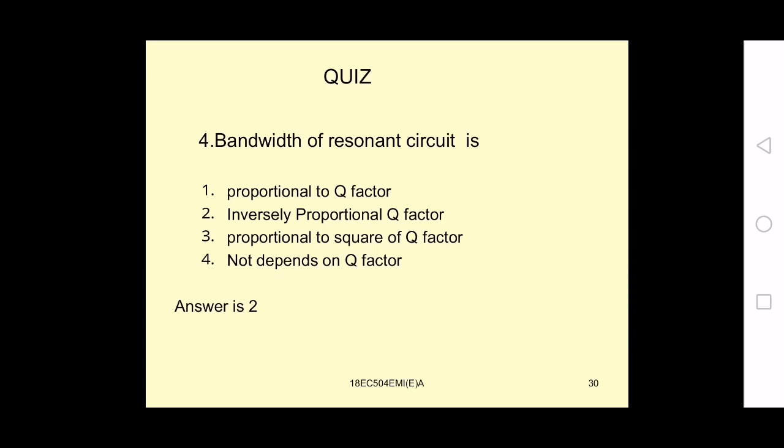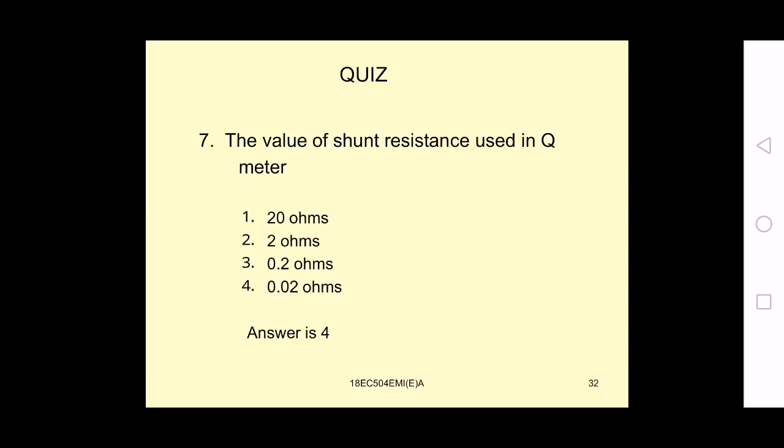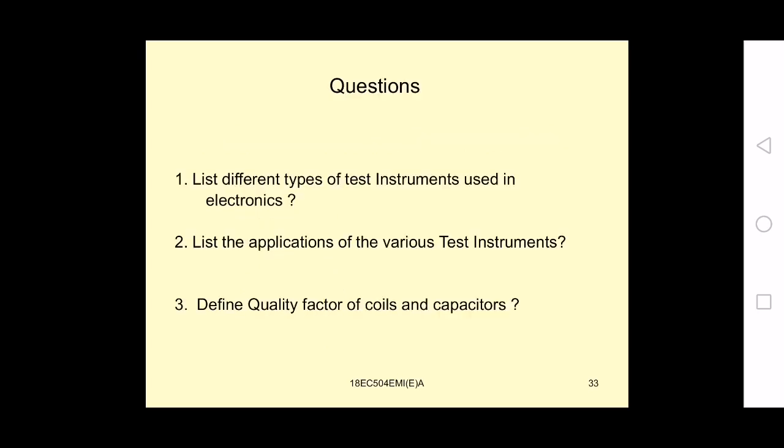So the option is 2. Q meter operation depends on the series resonance circuit. The value of shunt resistance used in a Q meter is very low, to get almost nil resistance across the oscillator, it is 0.02 ohms.